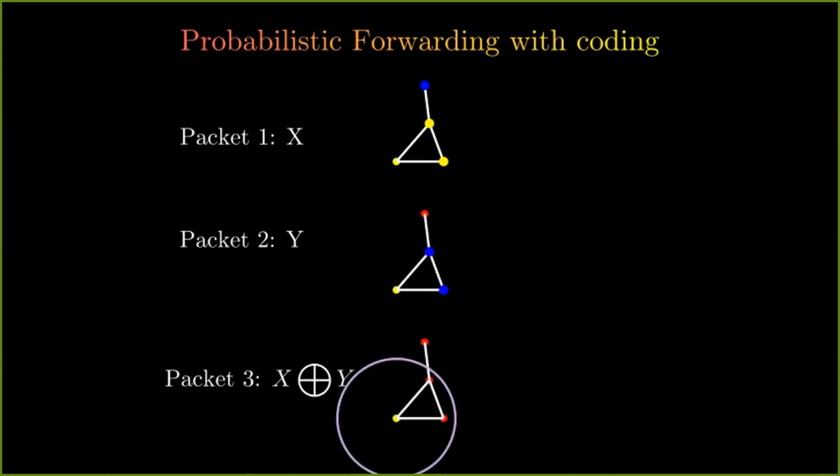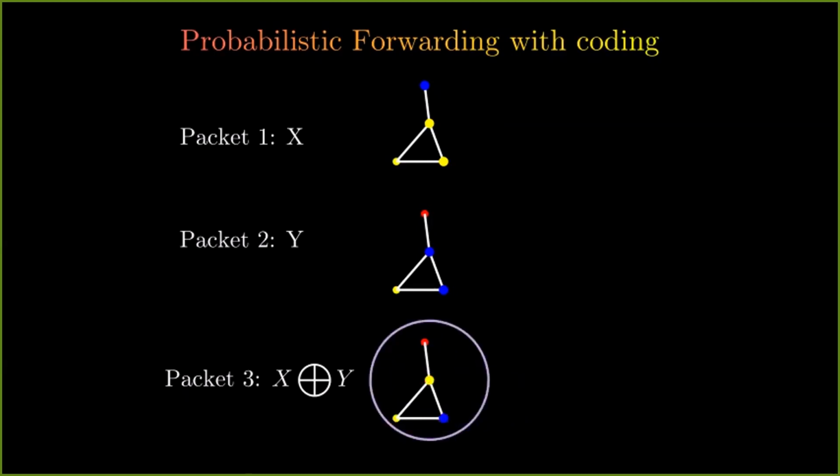All the neighbors of the node again follow the probabilistic forwarding protocol. Notice here that encoding in such a way ensures that any node upon reception of just 2 out of these 3 packets will be able to retrieve both X and Y.